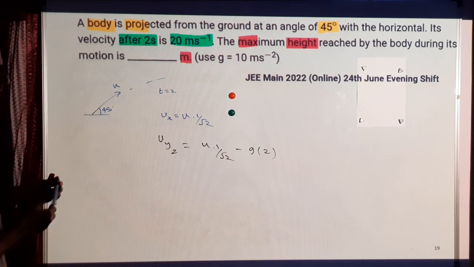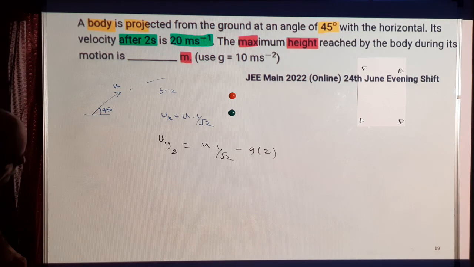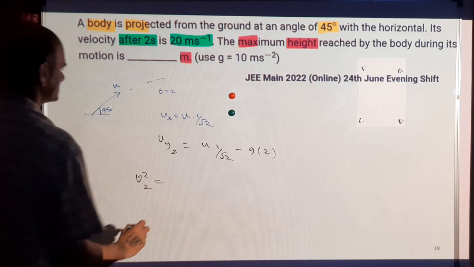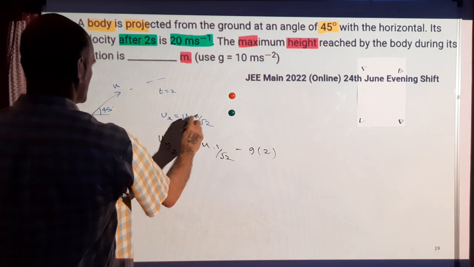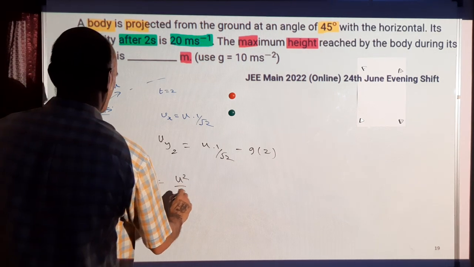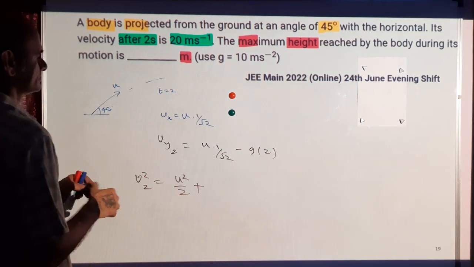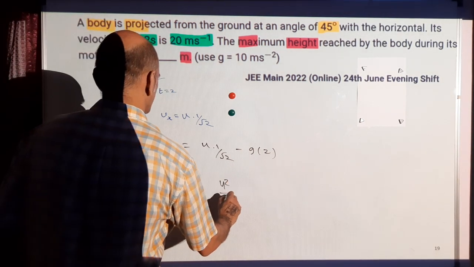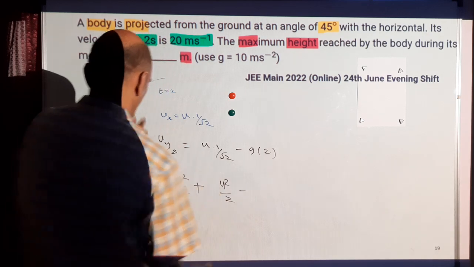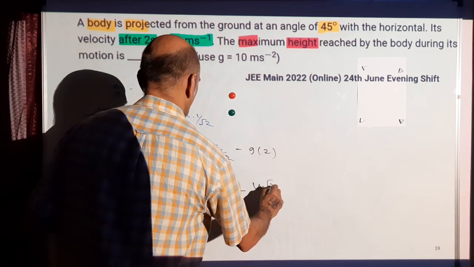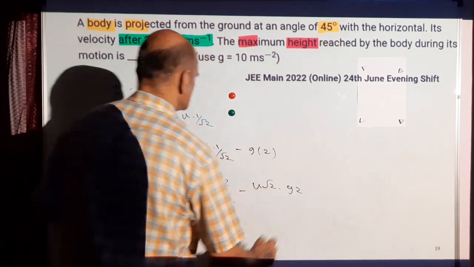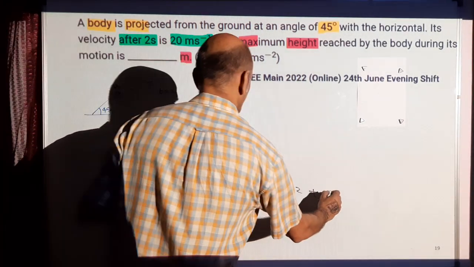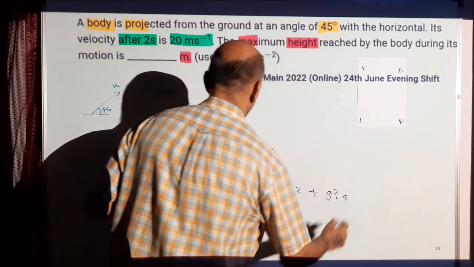We have to square them, add them up and take the square root. So v square at 2 seconds is this square plus this square. So u square by 2 plus this square, which is u square by 2 minus u root 2 g into 2 plus g square into 4.